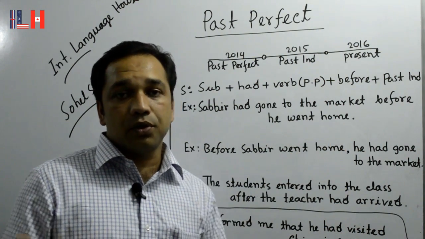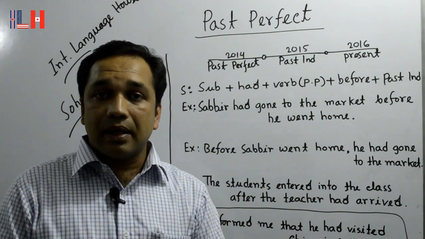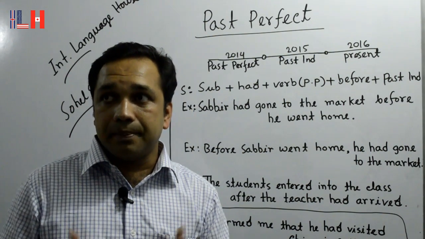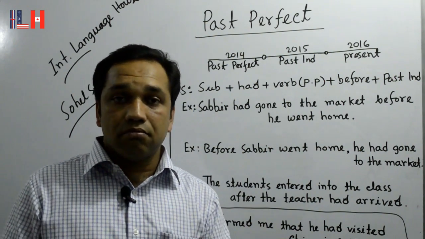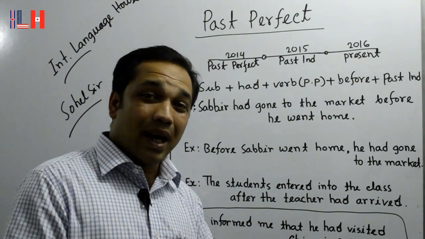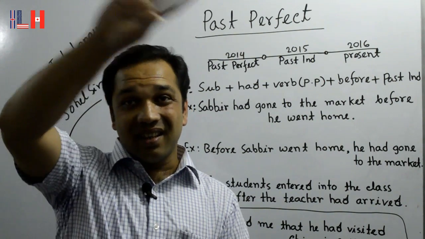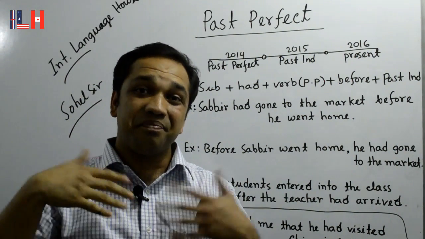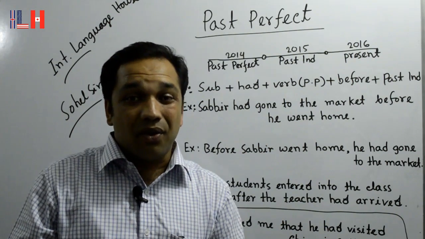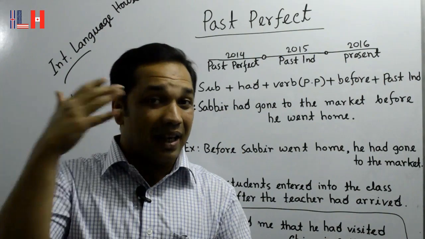You can also use many examples. Maybe you can think about a train and you arrive. If you are unlucky, maybe the train left the station and then you arrived. Which incident happened first? The train had gone.